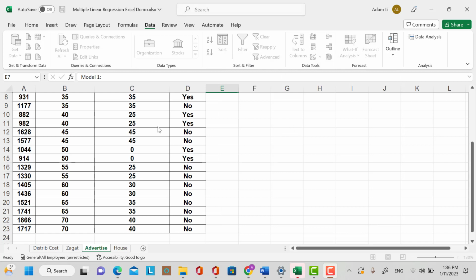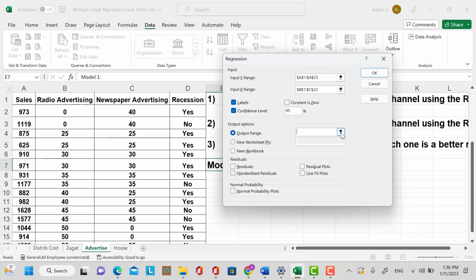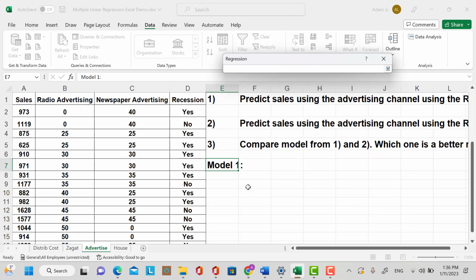We're also going to put the result in this sheet. So click on Output Range, click on the arrow, and put it right here underneath. Let's put it right underneath that.